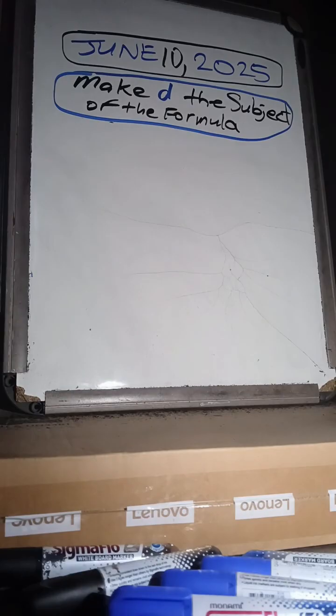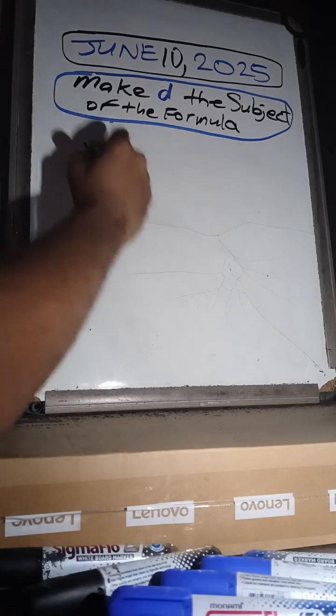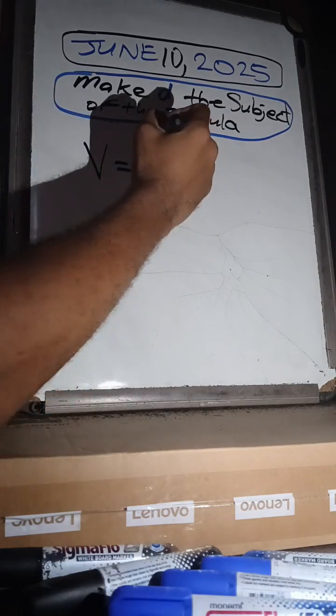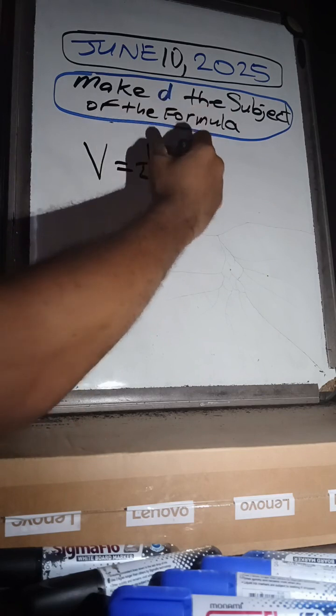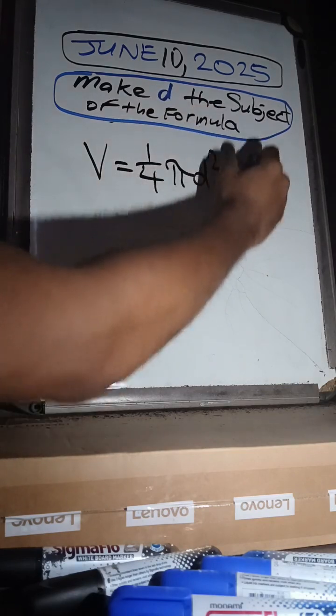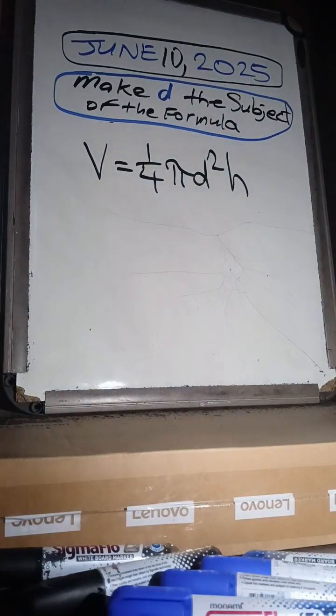So the one that they're asking us for is, alright, V is equal to 1 over 4 so we have that now. There's another one I'll do, but I'm just doing this one right now.